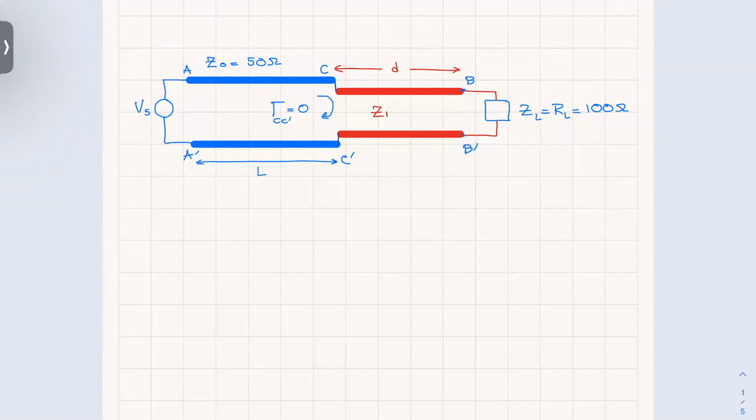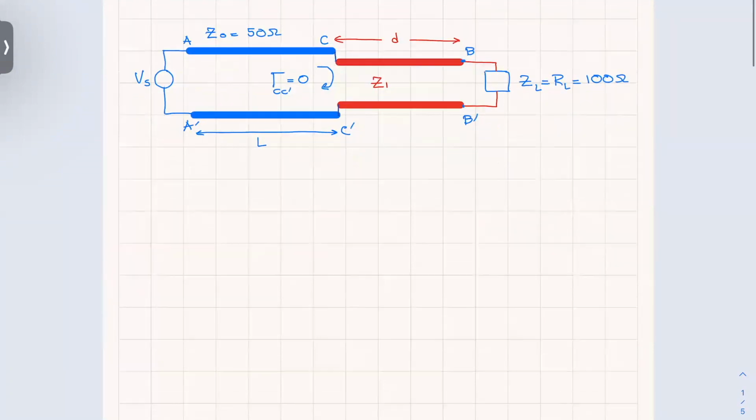So I can insert a section of a line that I have to define, but I could not use a resistor. We can only use either reactive elements or sections of lines, period. These are the tools that we have. And in this particular case, we don't even need to use the Smith chart. I will write what happens under what conditions we get what we want, and then I will prove it to you.